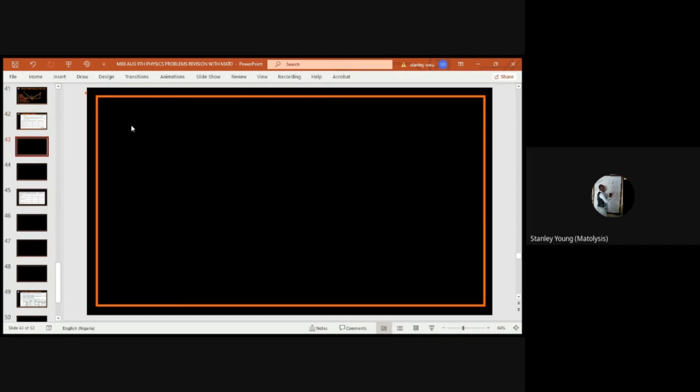Okay, the first thing you need to know is that both converging lens and converging mirror are very similar in the kind of images they form. A converging mirror is called a concave mirror, while a converging lens is called a convex lens.